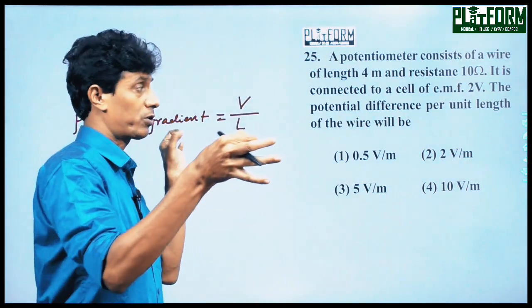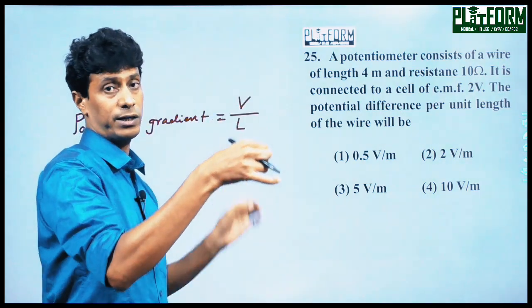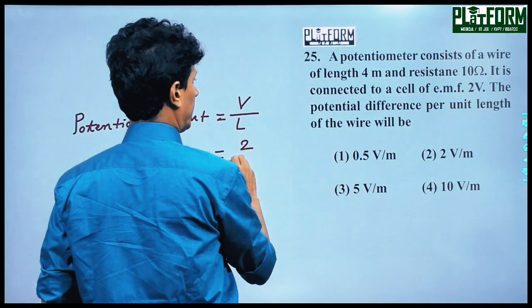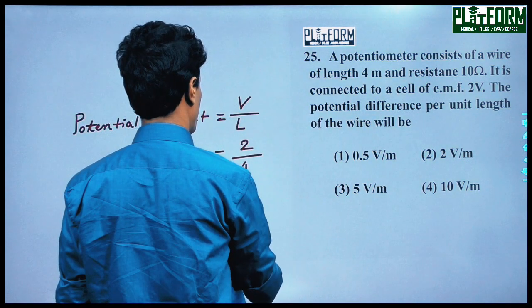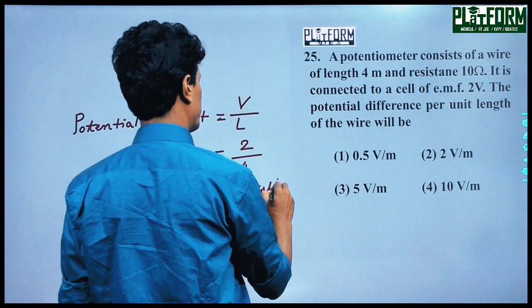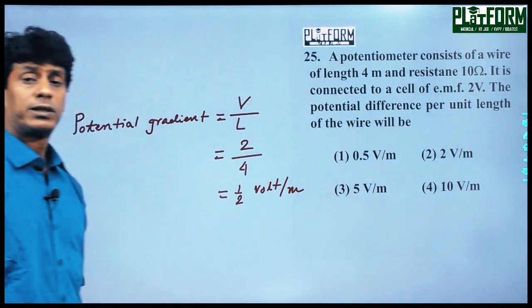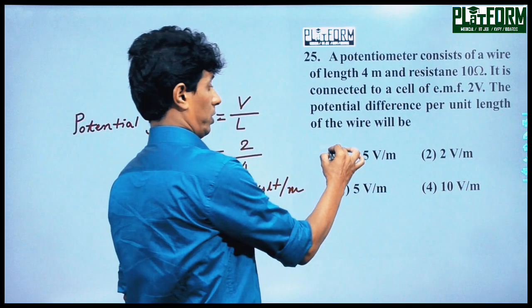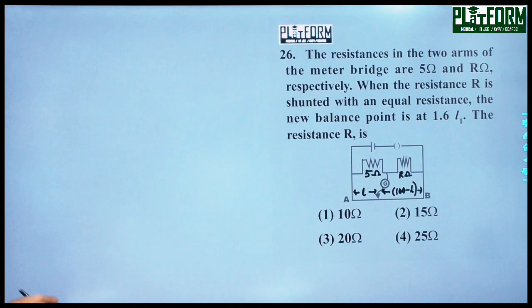The potential drops across this wire, the potential is 2 volt and the length of the wire is 4 meter, so simply it is half volt per meter. This is a very simple question. The correct option is 1. Let us move to the next problem.